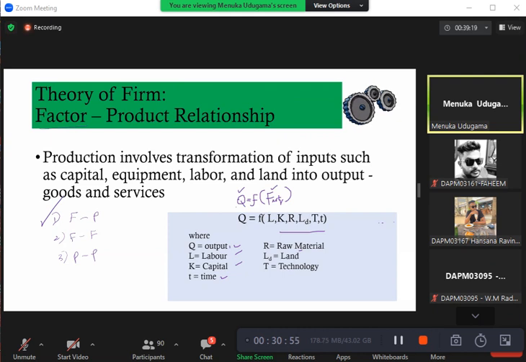we will look at the relationship between quantity and fertilizer, which is an input. Fertilizer is an input, isn't it?